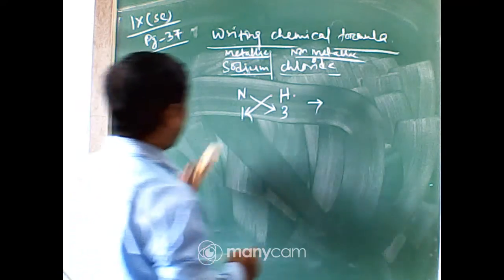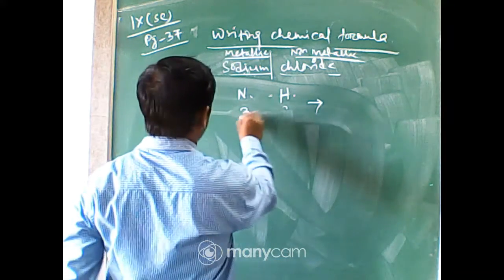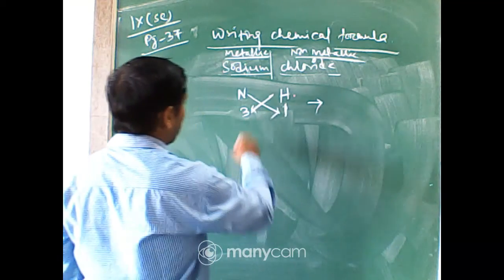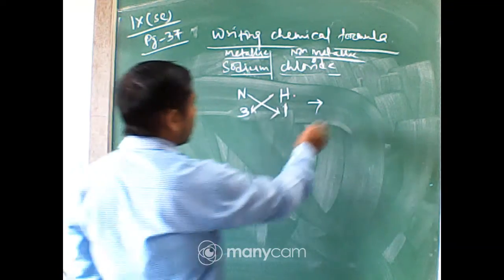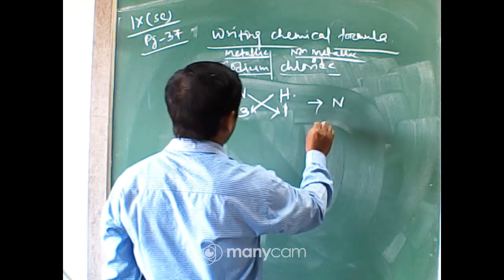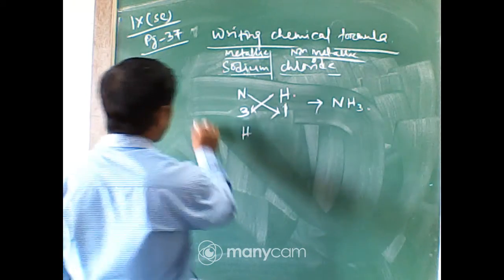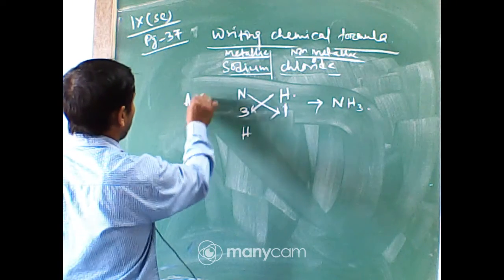Sorry, the number of nitrogen atoms is 1, the number of hydrogen atoms is 3. This also comes from the valency. So, it will be NH3. So, it is ammonia.